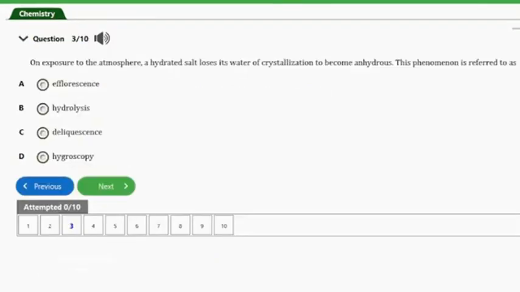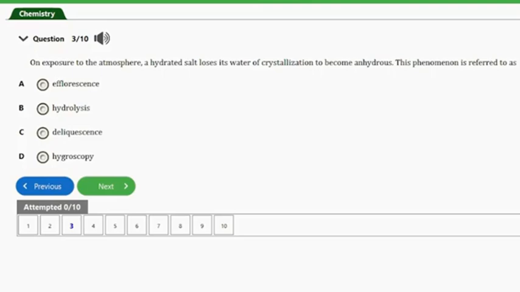So let's consider the next question, question number 3 here. It says, on exposure to the atmosphere, a hydrated salt loses its water by crystallization to become anhydrous. This phenomenon is referred to as A. Efflorescence, B. Hydrolysis, C. Deliquescence, D. Hygroscopy.